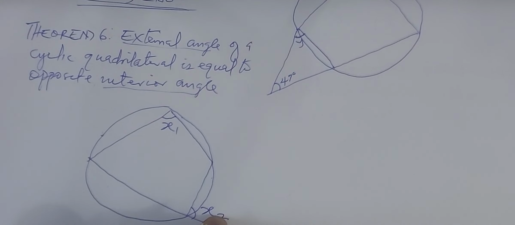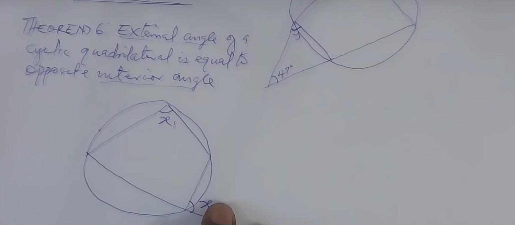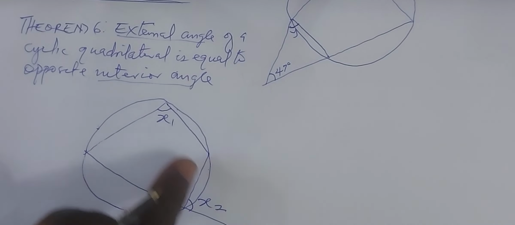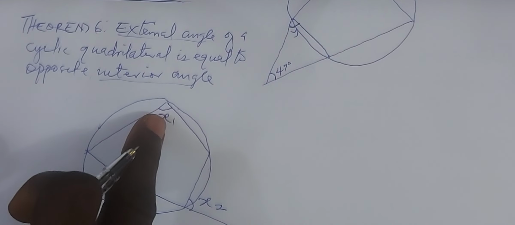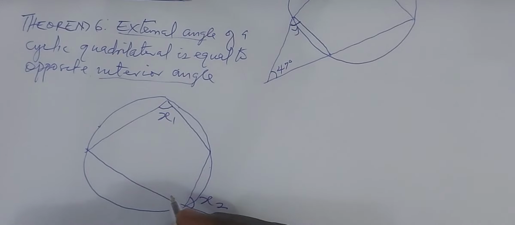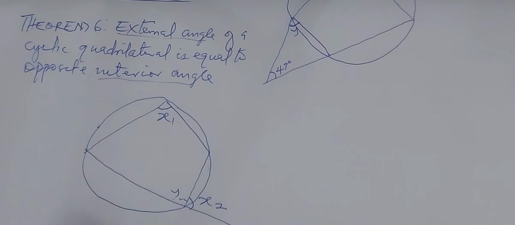The opposite exterior angle of a cyclic quadrilateral is equal to the opposite interior. This is opposite to this. Okay? That means x1 is equal to x2. How do we prove this? Let's call here y. Okay?